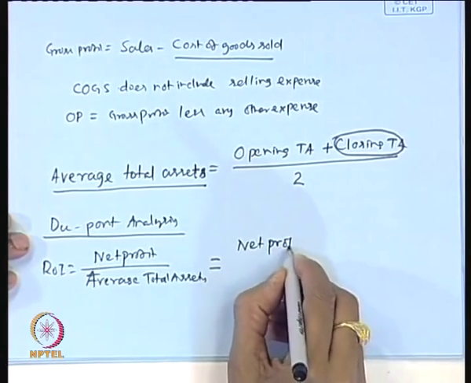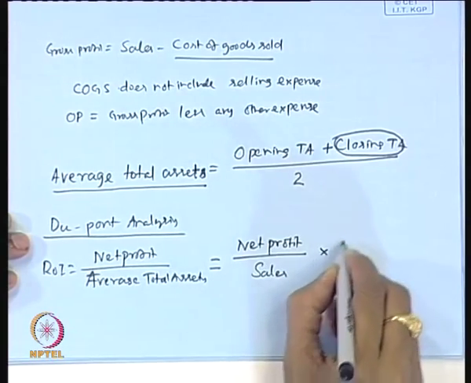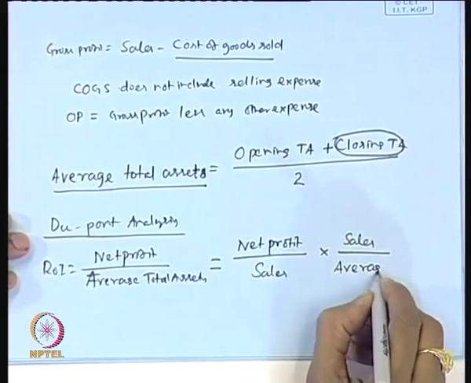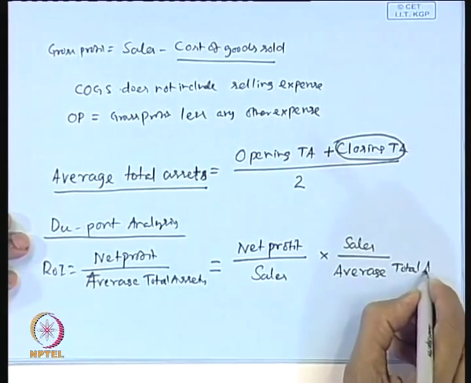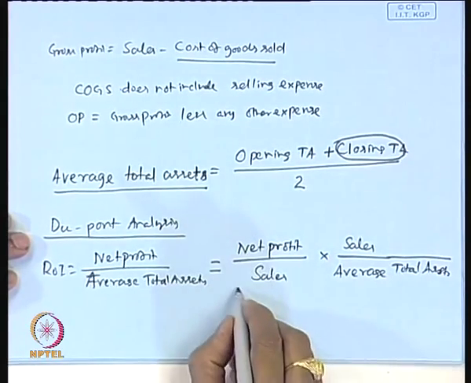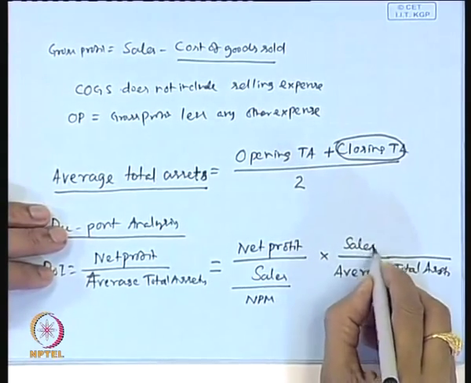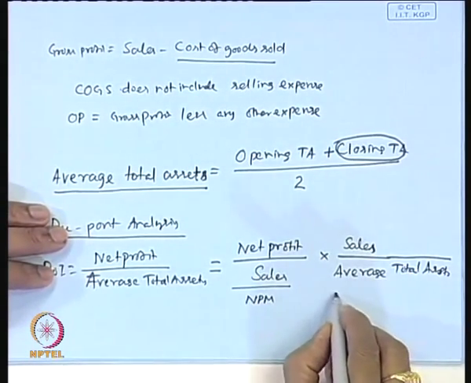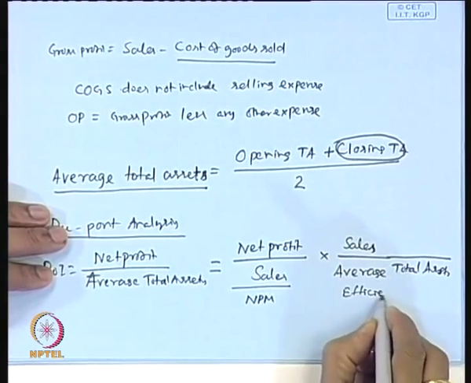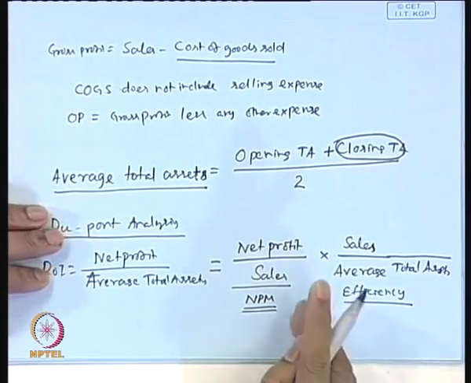it is nothing but net profit to sales into sales by average total assets. The beauty of this analysis is that one part is net profit margin, and the other is sales by average total assets, which essentially talks about the efficiency of utilization of assets, while the first talks about how profitable the operations are.